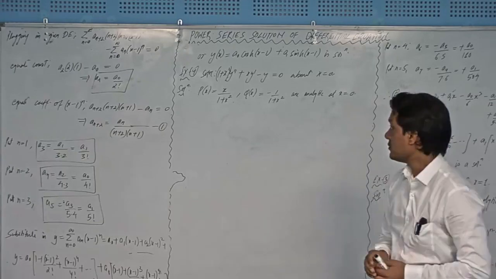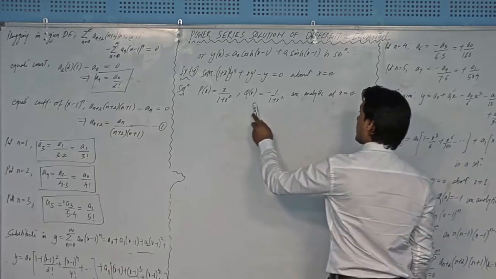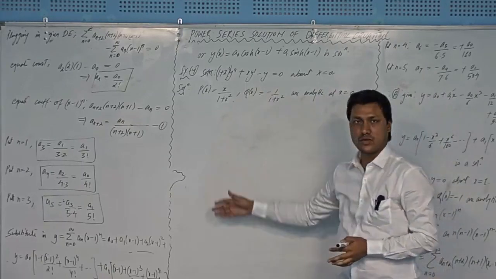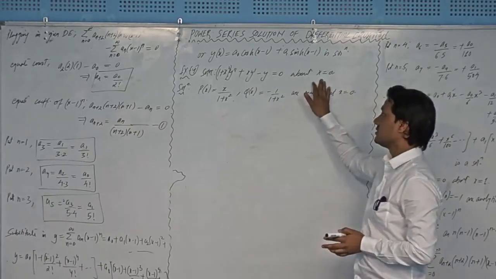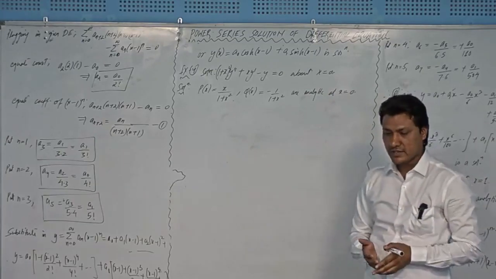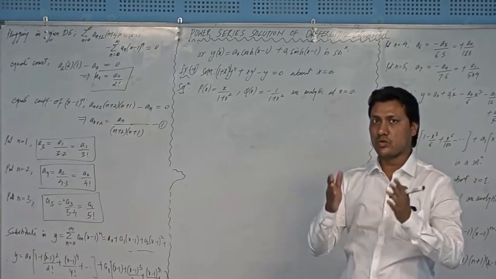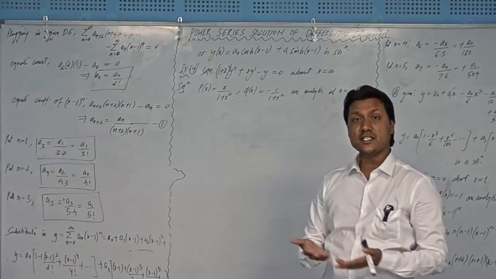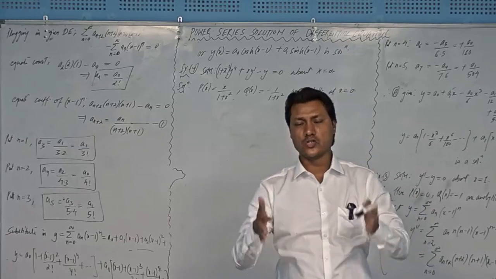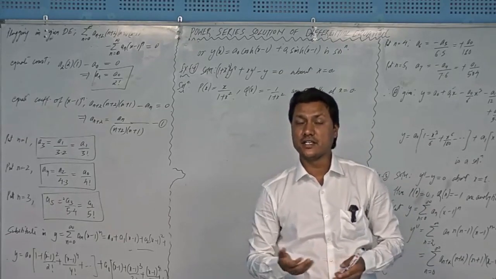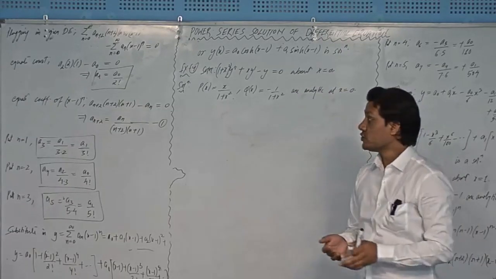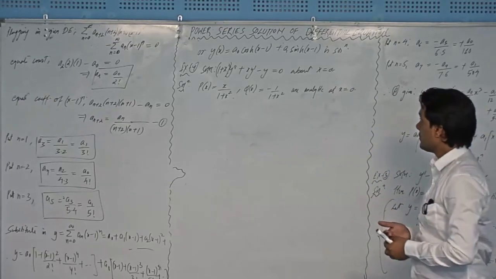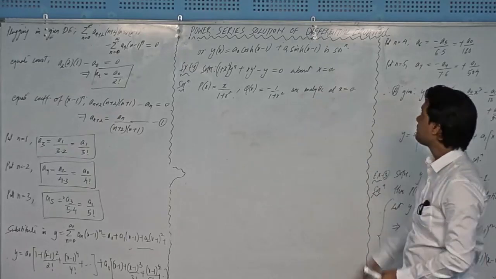Not only do the functions p(x) and q(x) exist at x equal to 0, but also their derivatives of any order exist at this point. This is another important point. Suppose you have p(x) equal to mod of x. It exists at x equal to 0; if you put x equal to 0, you get mod 0 equal to 0. But you cannot say that it is analytic at x equal to 0, because it should be differentiable at x equal to 0 an infinite number of times. So be careful at this point, right?